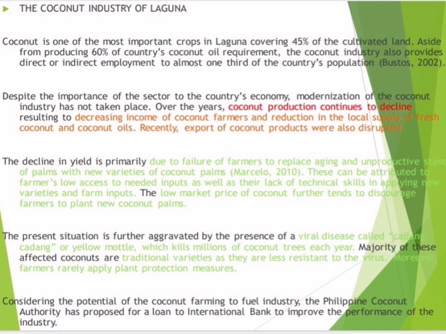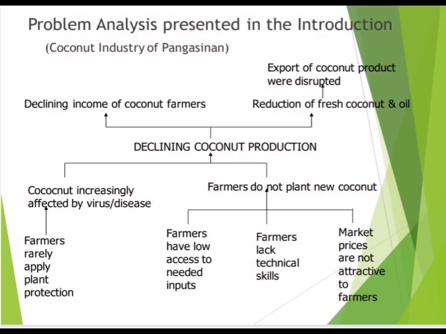So I have here a diagram which you can benchmark, because in the previous slide I discussed how you are going to write your paragraph for your background of the study. After writing your paragraph, you will create your diagram for your problem analysis to present in the introduction. Suppose your topic is about the coconut industry of Pangasinan or Laguna or Northern Samar. By the way, that topic is only a sample.